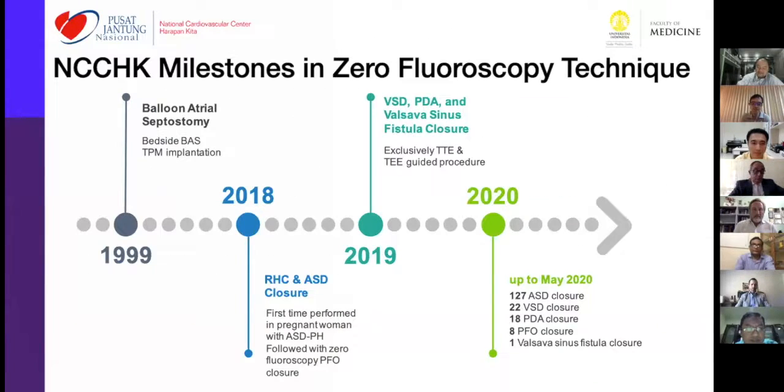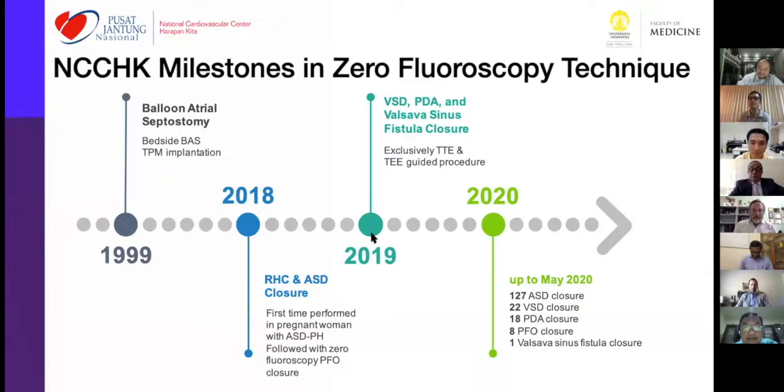So this is our experience with the zero fluoroscopy technique. It started in 1999 but was limited to atrial septostomy. For defect closure, we started in 2018, beginning with right heart catheterization and secundum ASD closure.